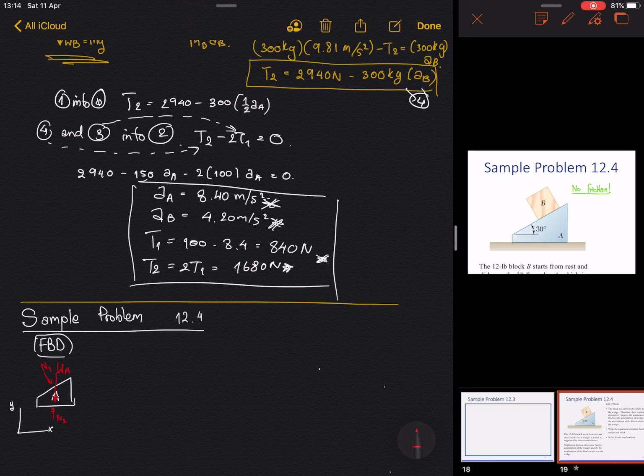There is no dimension related to this, so we don't write any dimension. Then we draw the kinetic diagram, KD, and we have only this, M_A a_A.